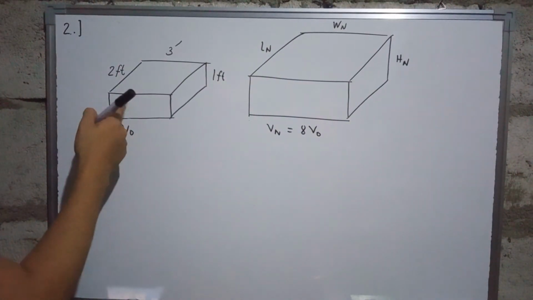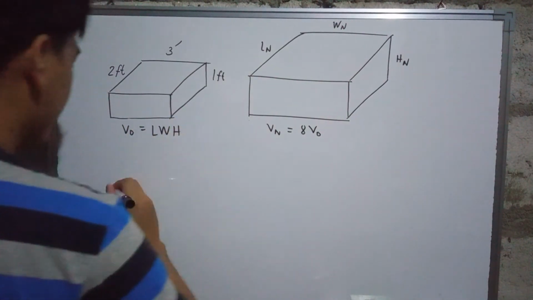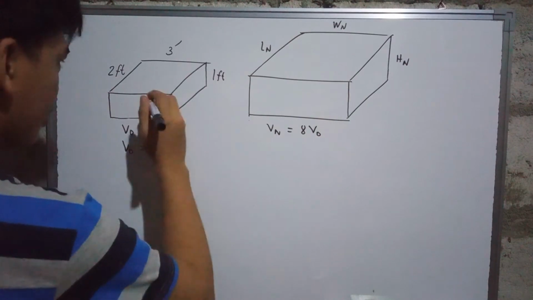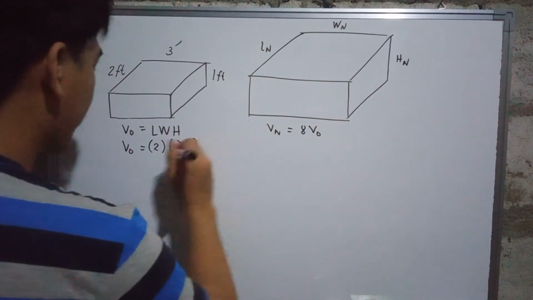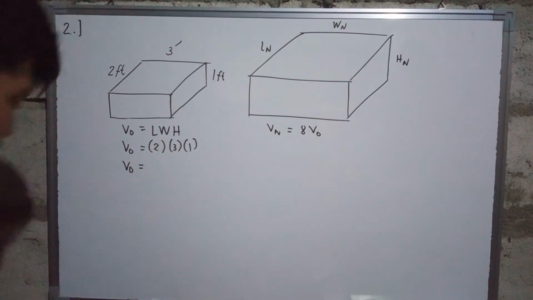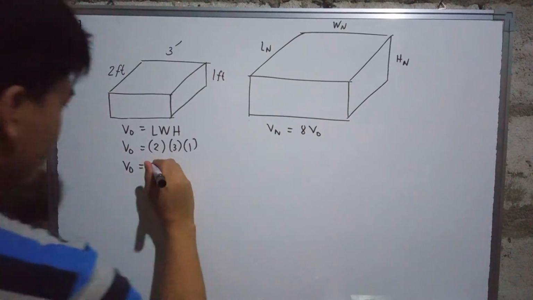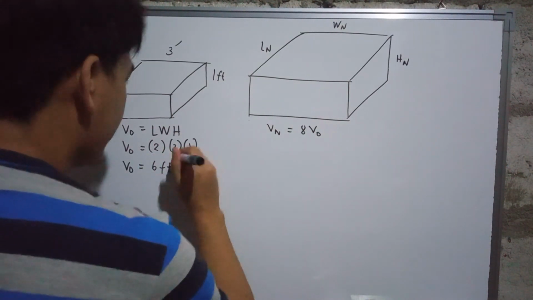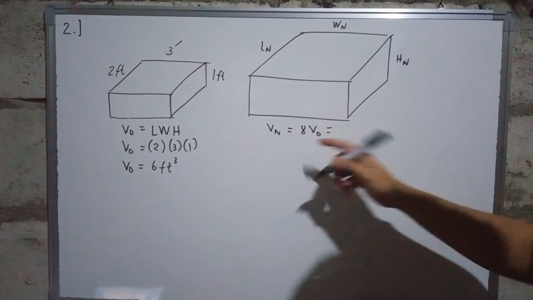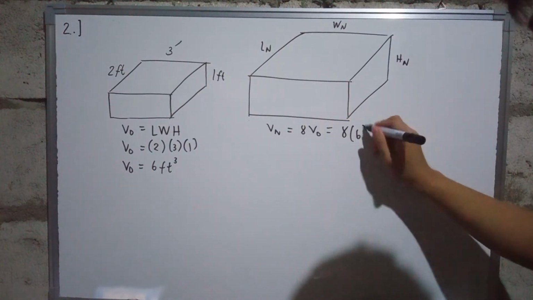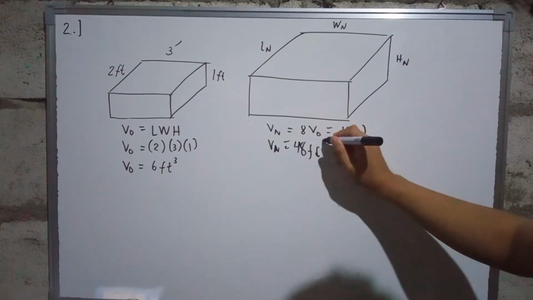Since it is a rectangular parallel pipe, length times width times height. Volume original is equals to 2 multiplied by 3 multiplied by 1. Volume original is now equal to 6 cubic feet. So, yung volume new natin will be 8 multiplied by 6. So, we have 48 cubic feet.